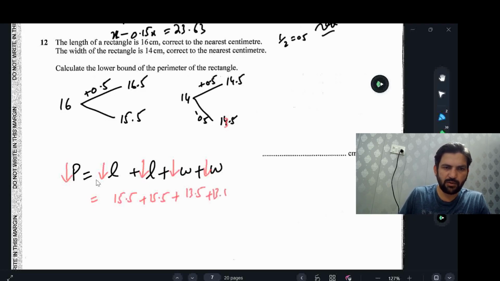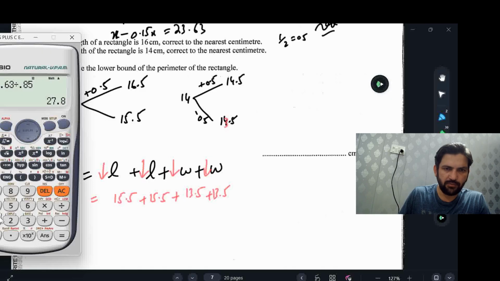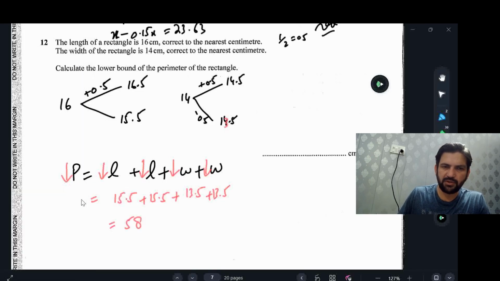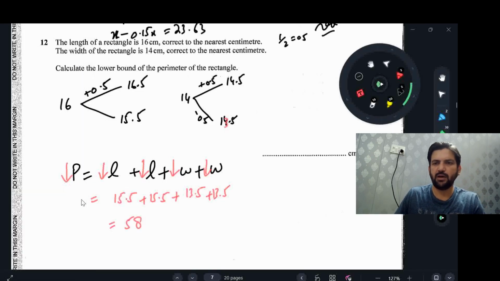If we use the calculator, this will be equal to 58. So 58 centimeter will be the final answer.